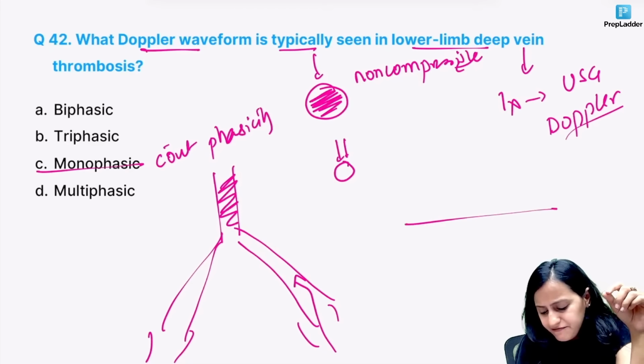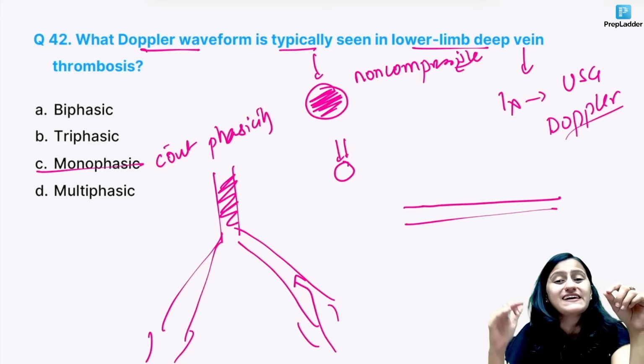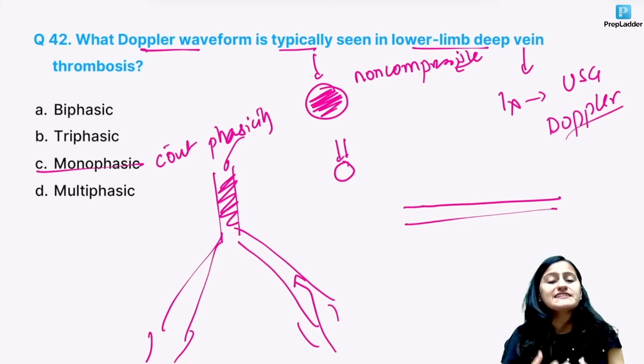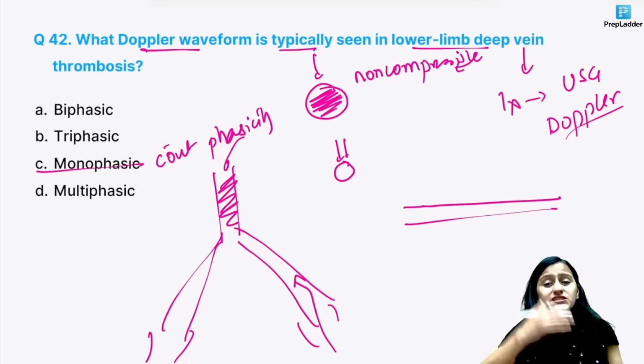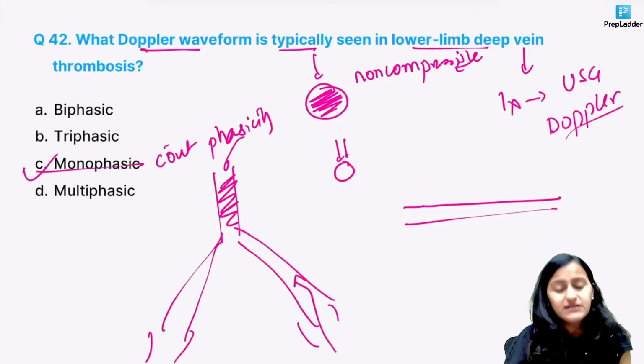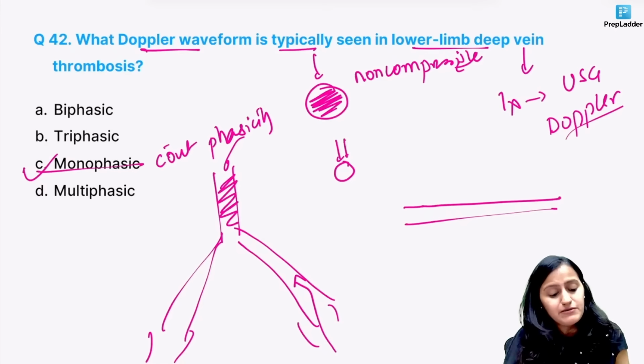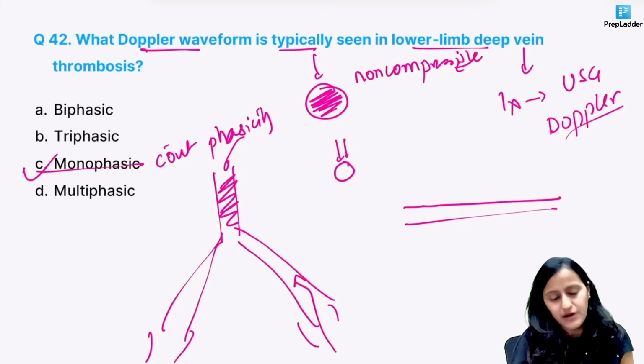It's going to be a flat waveform. There is no phasicity with respiration that you are seeing. Normally, the veins with respiration, inspiration, expiration, the waveform changes, right? The flow changes. But here it is going to be just flat flow without any change with respiration, right? So remember, monophasic waveform is what you have.